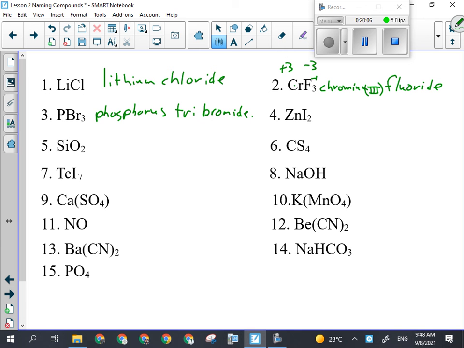No, zinc only has one possible charge, so this will be zinc iodide. Number 5, ionic or molecular? Molecular, it's 2 nonmetals, so I apply my molecular naming rules. Silicon dioxide. And then number 6, ionic or molecular? Molecular. Carbon and sulfur are both nonmetals, so this will be carbon disulfide.